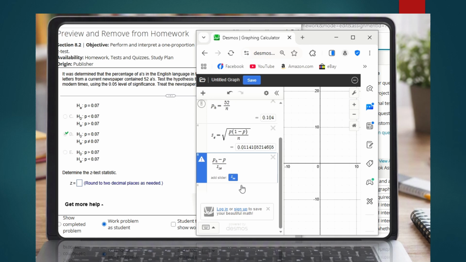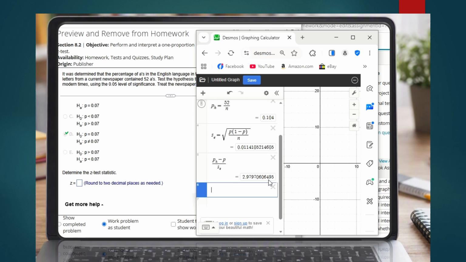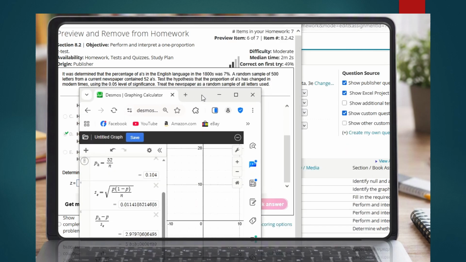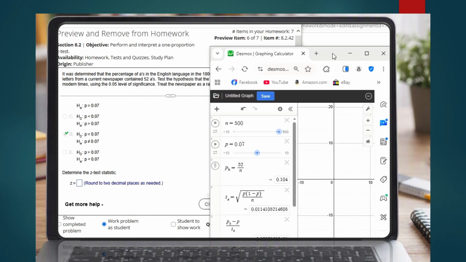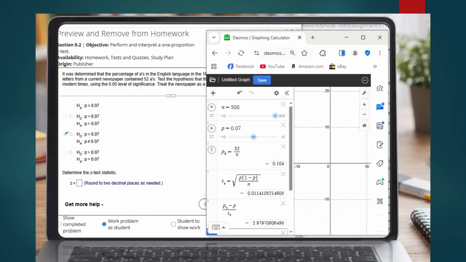Why are we not calculating anything? Okay, I guess it did there. Oh, I got standard error. There we go. Now we've got our Z score, which makes sense because now it does appear, based upon our sample, it has gone up from 0.07. So it does make sense that we would have a Z stat positive and to the right.